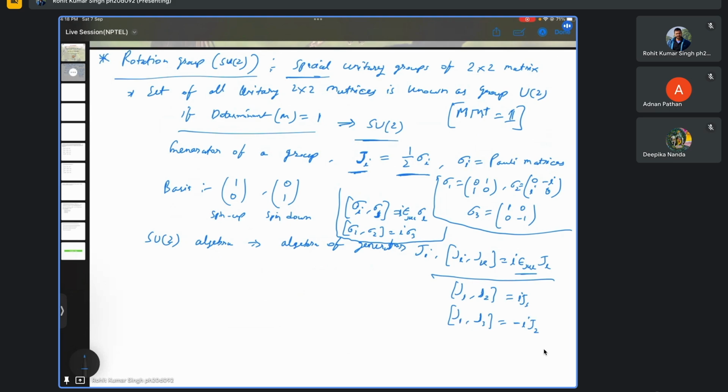If these things are in order like 1 2 3, you will have positive. If these things are in different order, so 1 3 2, you will get negative, like this. Okay, so for now just remember this.